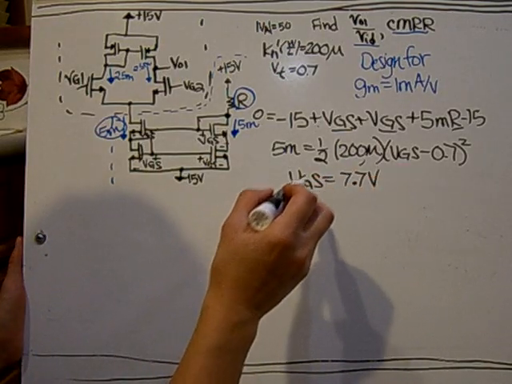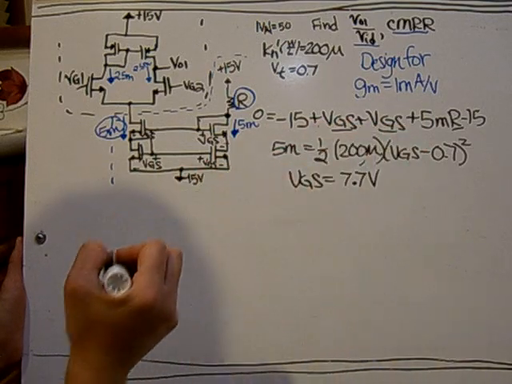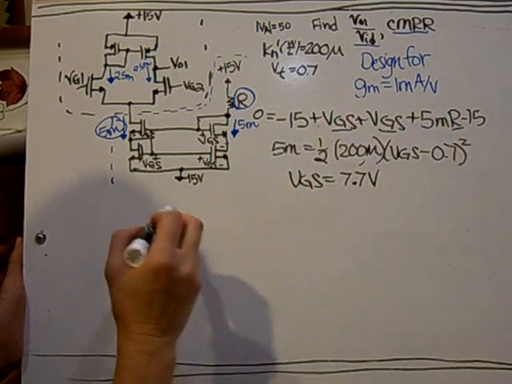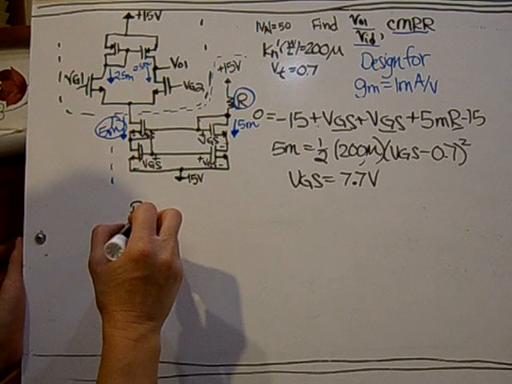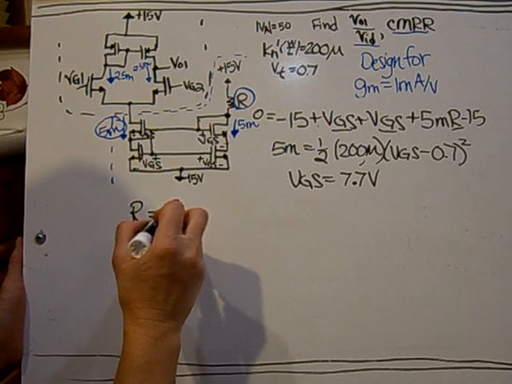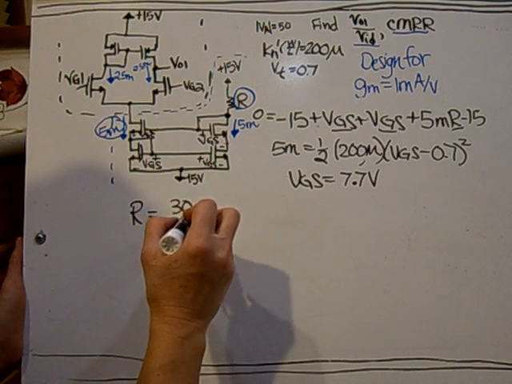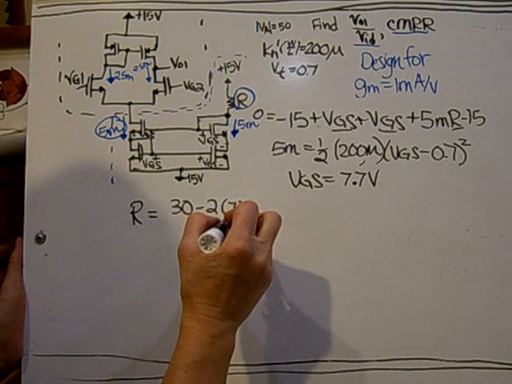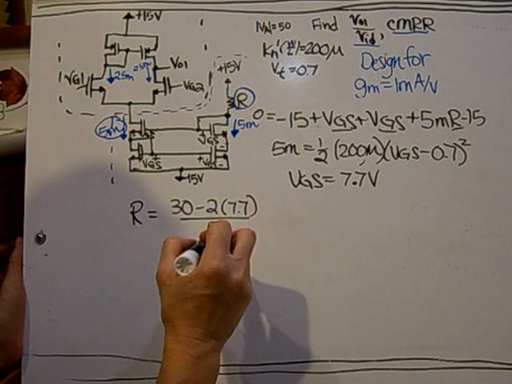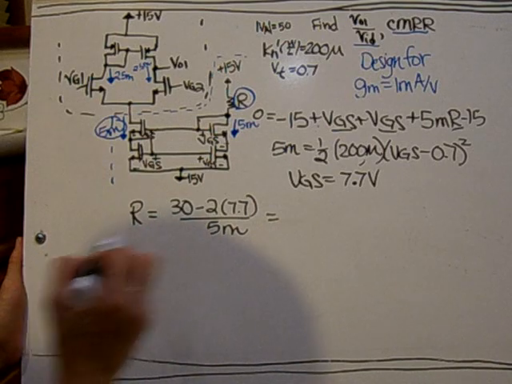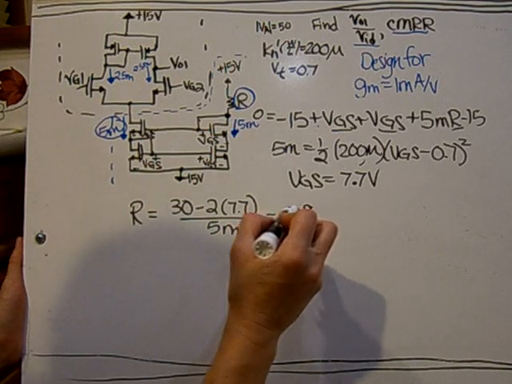So knowing 7.7 volts here now, I can solve for this R. So R will be equal to 30 minus 2 times 7.7 over 5 milli, which gives a value of 2892.